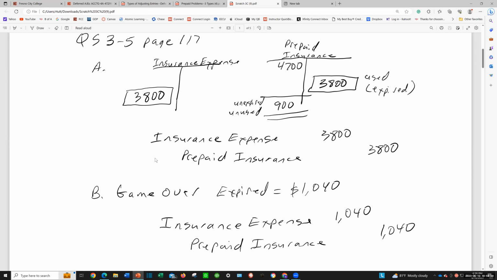Ding, ding, ding. Game over, man. It's the easiest one. We don't have to do T accounts or anything. They gave you the amount that expired, and 1,040 expired. So just put it in your journal entry. Debit, insurance expense, credit, prepaid insurance by the 1,040. All right, let's do the third one.